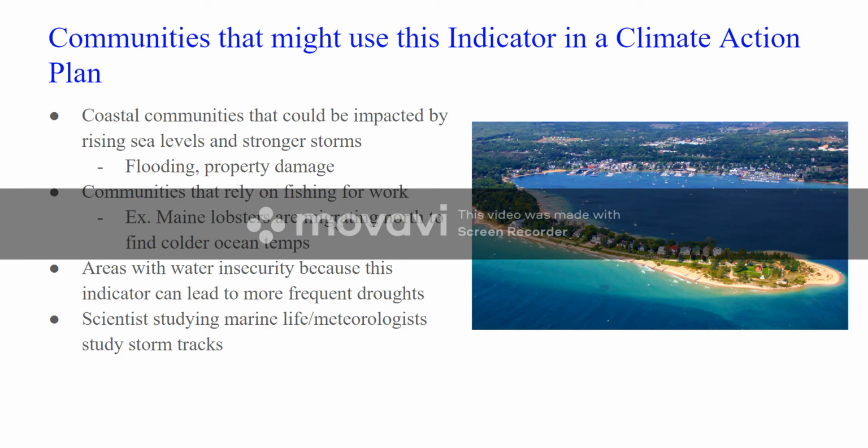The communities that might use this indicator in a climate action plan. So I was thinking coastal communities could be impacted by rising sea levels and stronger storms, especially from flooding and property damage. Communities that rely on fishing for work.